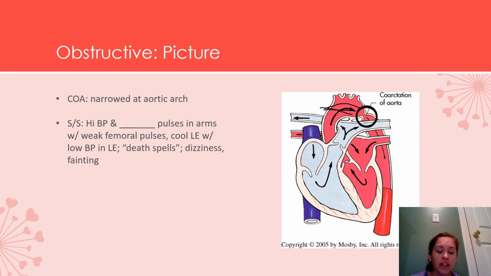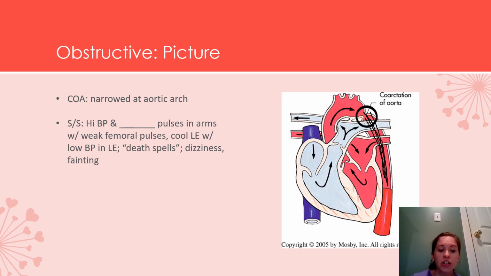Now, if we're talking about this functional obstruction where there's lower pressure forcing blood down to the lower part of the aorta, and there's less perfusion overall to that area of the aorta, that means there's less perfusion and less pressure pushing blood and oxygen to our lower part of our body. So probably this patient is going to, in their lower body, have lower blood pressure, poor, weak pulses, maybe even some paleness, some coolness to their skin.